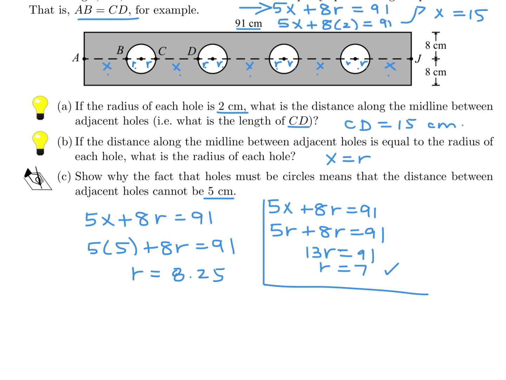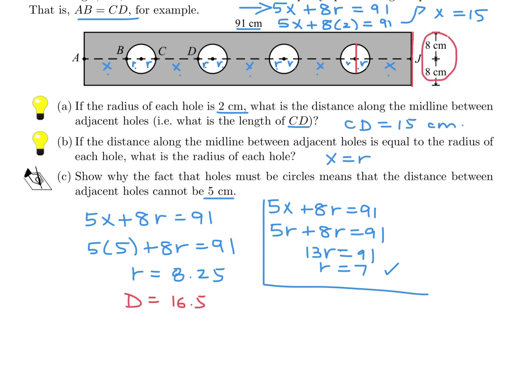Okay, so you think, okay, what's wrong with that? Well, what's wrong with it is the following. If you look at this from top to bottom, if R is 8.25, then the diameter of that circle would be twice that, which is 16.5. Well, that's not possible because that exceeds the entire top to bottom distance, which I believe was 16.